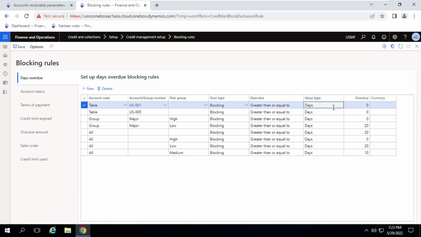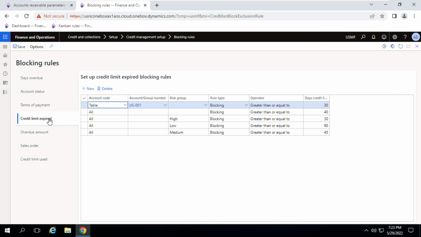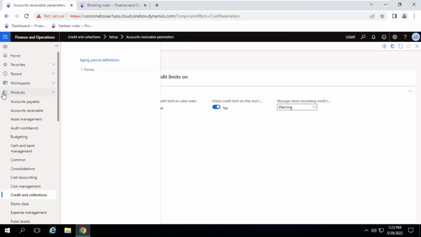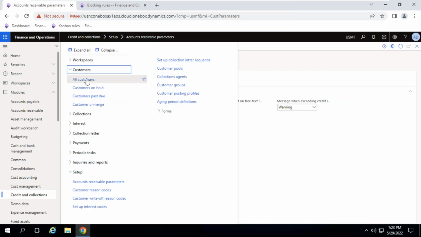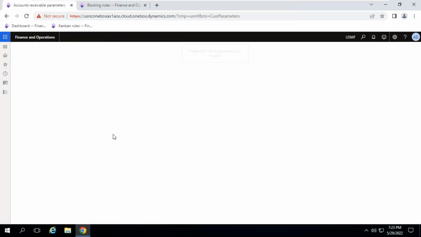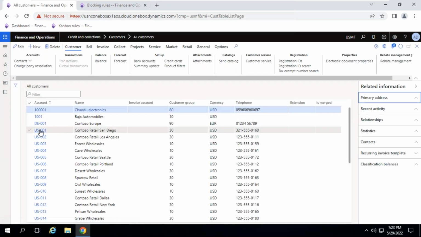So in this, it is days pending. Otherwise, suppose credit limit expired date. Here it is. Credit limit expired. So in the customer, we have a new function, credit limit expiry date. Look at this one.